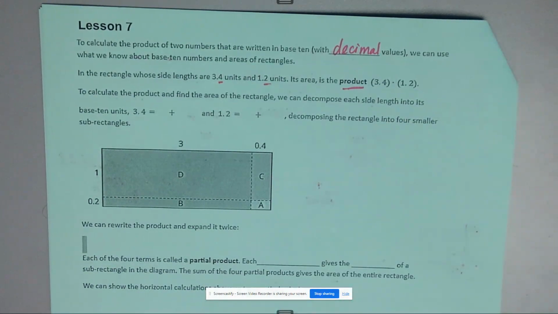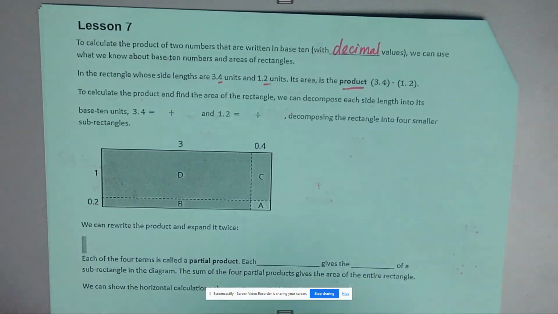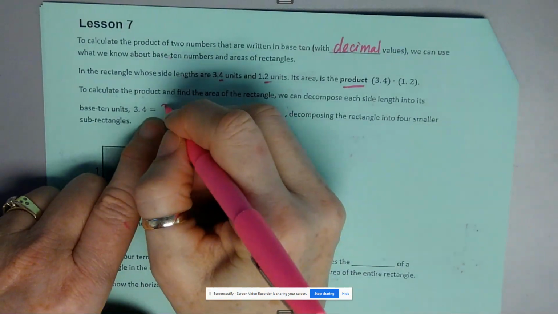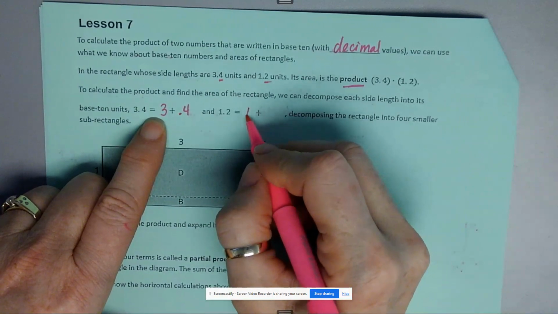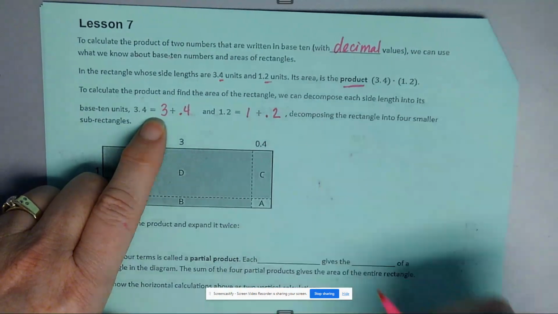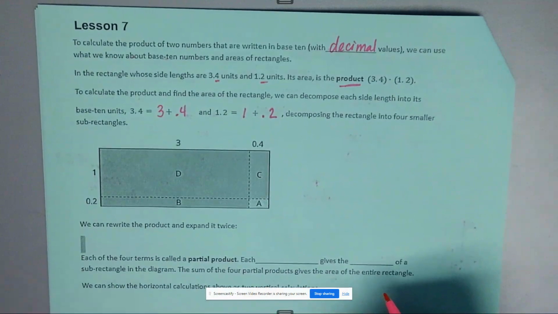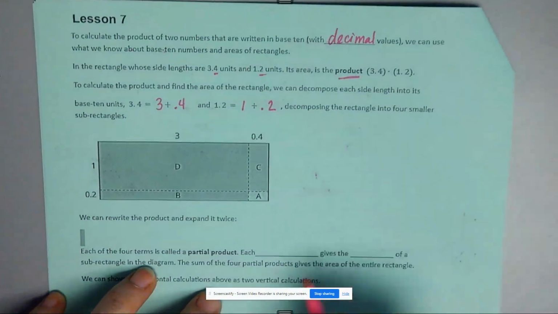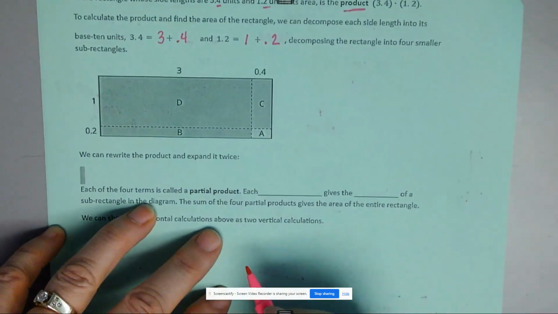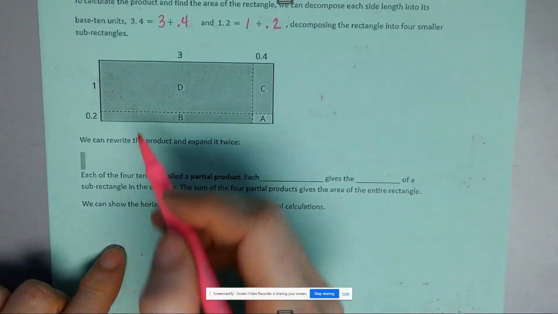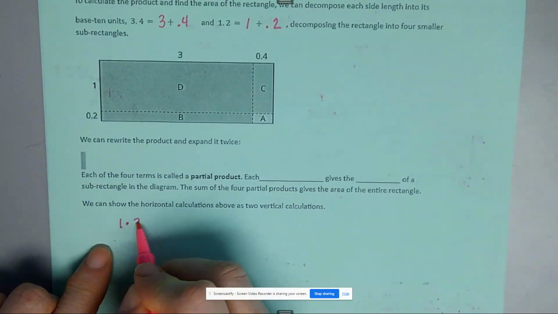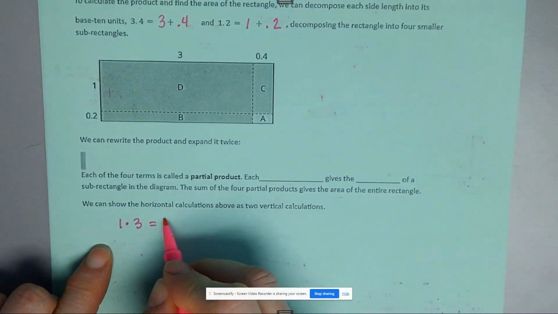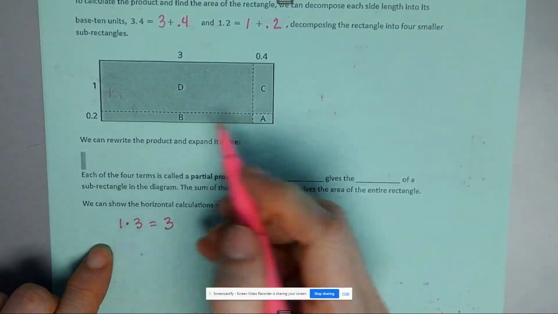To calculate the product and find the area, we decompose. So 3 4/10 could be written as 3 plus 4/10. 1 2/10 could be written as 1 plus 2/10. And then, of course, we're going to find the answers. So I'm going to do this work down here. This first rectangle is a 1 times 3, which is 3.